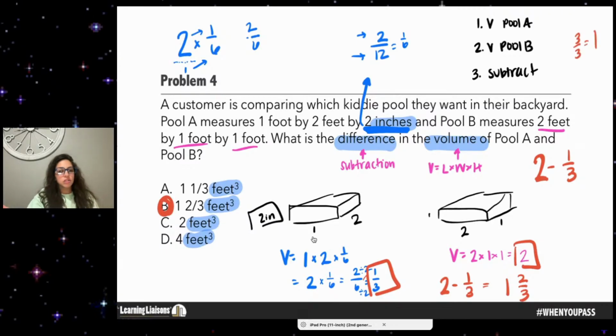So how many thirds is going to be 2? 3 plus 3 is 6. 6/3 equals 2. So I could convert this to 6/3 minus 1/3, and that would give me 5/3, which is the same thing as 1 2/3.